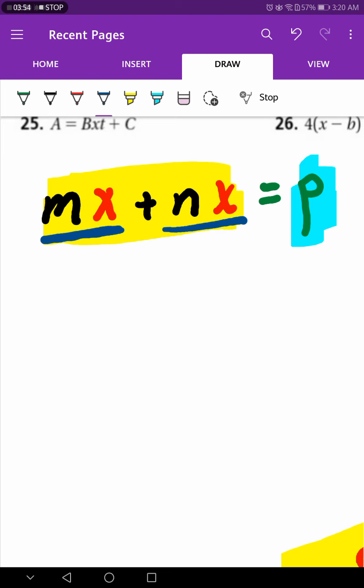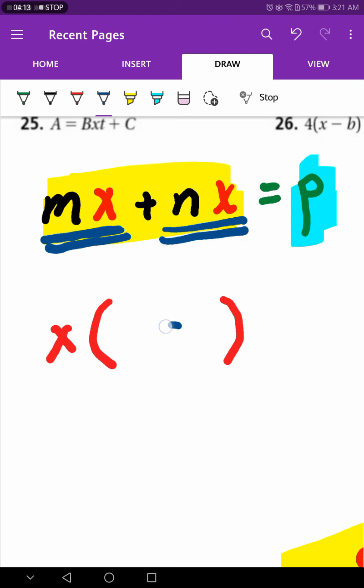Or where is the common between the first term and the second term? Or what is the similar between the first term and the second term? Clearly you will tell me it is x. So rid x out and draw the parentheses and keep the plus here.